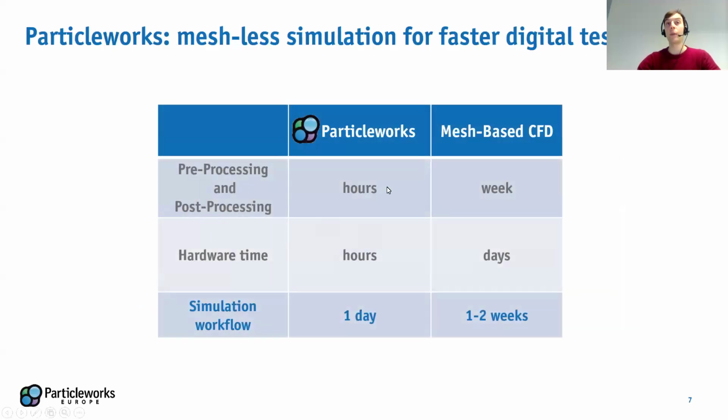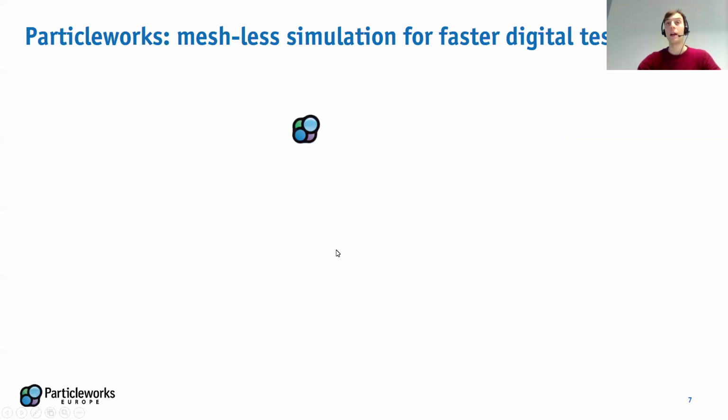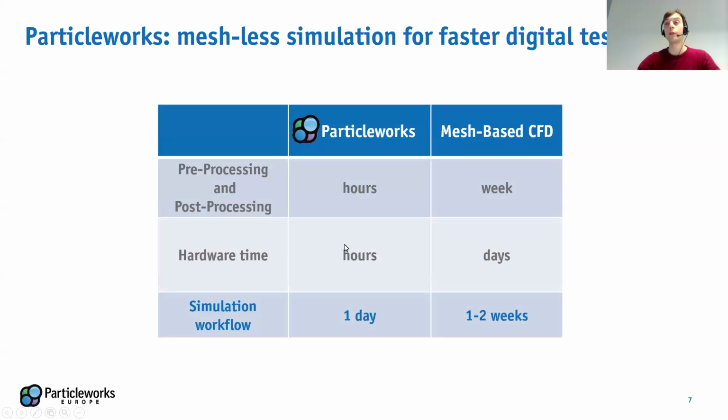Because of that, the pre-processing is in the range of hours instead of weeks. And also hardware time can be further reduced because we can use the parallelization that this method allows, and we can run on graphic cards and take advantage of them.